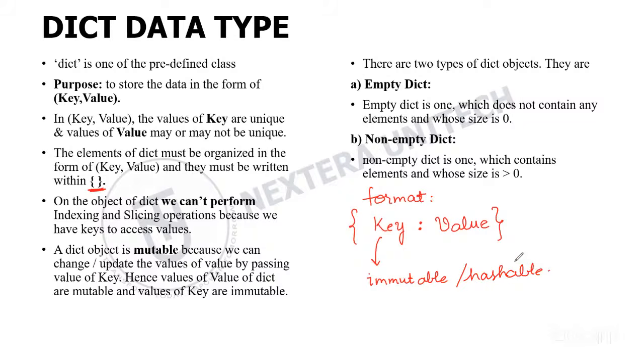As you know, a dictionary also uses hashing, just like sets. That is why the keys must be immutable data types.